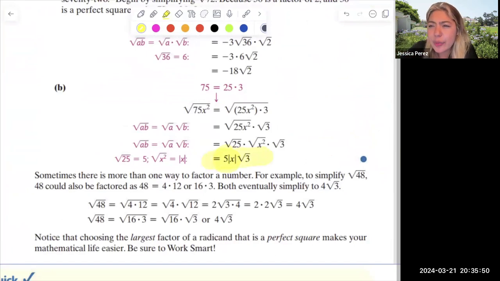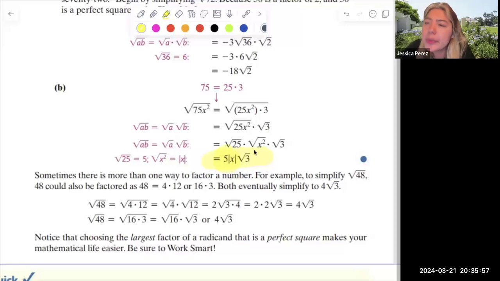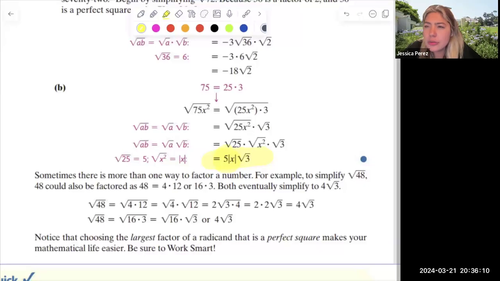So who asked that question? Oh, yeah, so they put the square root all the way at the end. That's all. But it's the same answer. Did I answer your question?